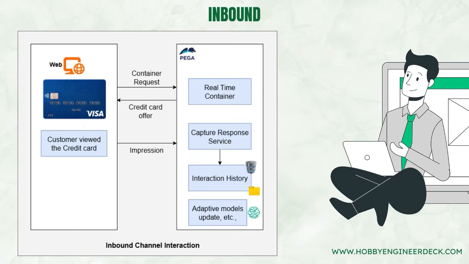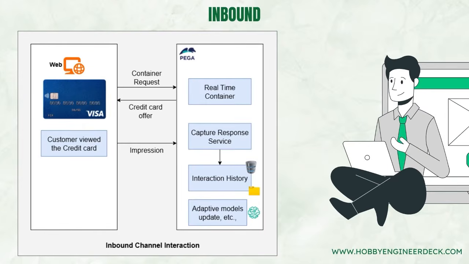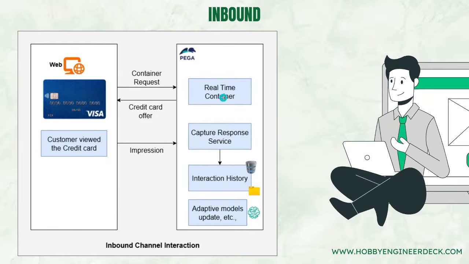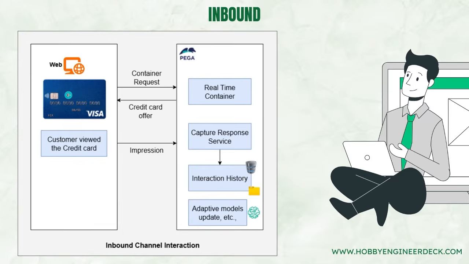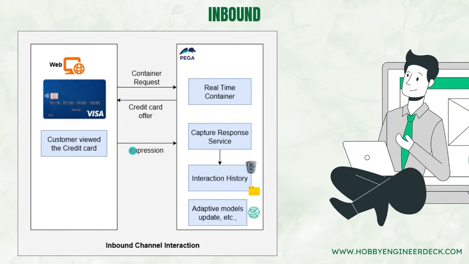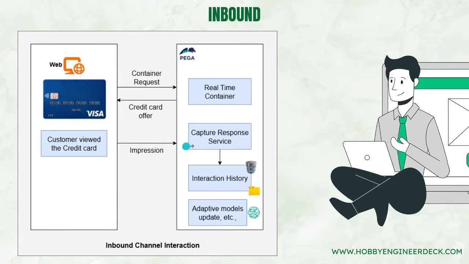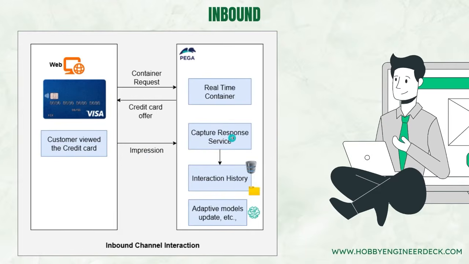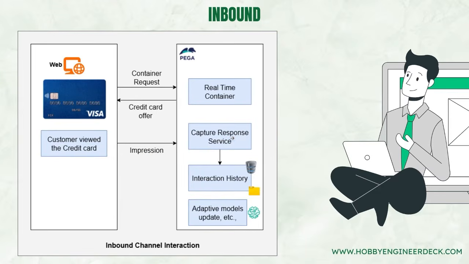Here, in this slide, as you can see, it describes how inbound works. Let us say in the inbound, we are using a real-time container to show the offers on the website, and the customer has viewed the credit card. Now, the website or the front end will call the capture response service by providing the outcome called impression, and that impression outcome for that interaction will be stored into interaction history.